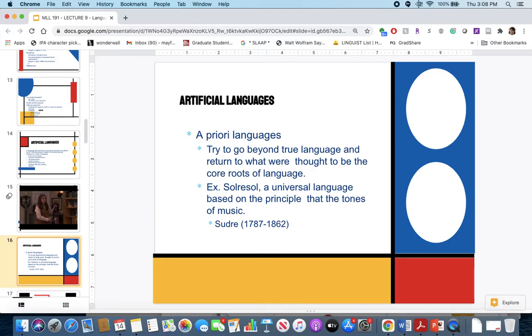So artificial languages can go in one of two ways. One of the ways is a priori languages. So these are types of languages in which they try to go beyond the true language or the core roots of language. So if you took my MLL 190 class, you're able to discern what the original origins of language are, right?